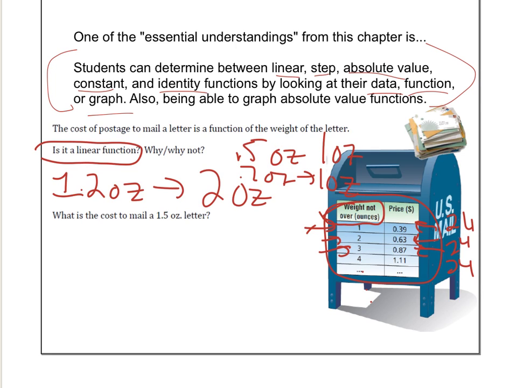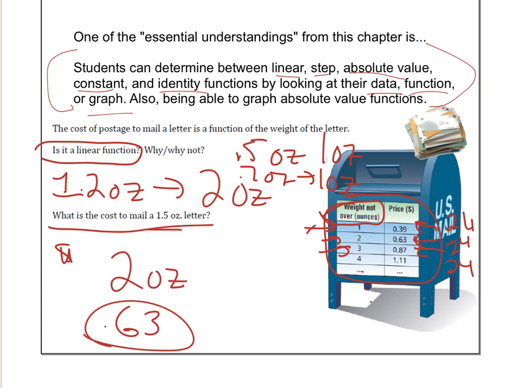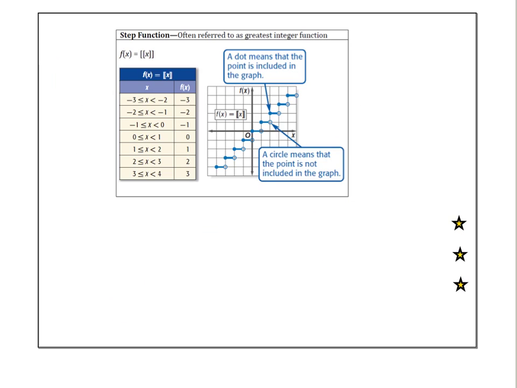So it's not really a linear function, because for any value up to that, you're going to get charged up to that next ounce. So for 1.5 ounces, you're going to get charged like it's a 2 ounce letter, and you're going to have to pay 63 cents on it. So that's why it's not going to be a linear function. So the answer to that question is no, because all those values go up to the next ounce.